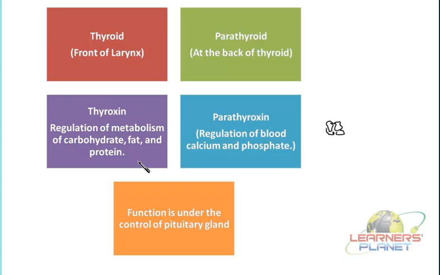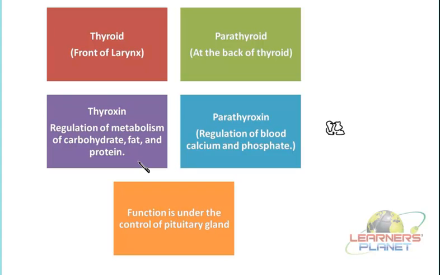Such a situation can lead to the swelling of your neck region. You must have seen in some pictures, there is a very huge mass accumulated in the neck region. There is a swelling up of the neck region, and that disease is known as goiter.